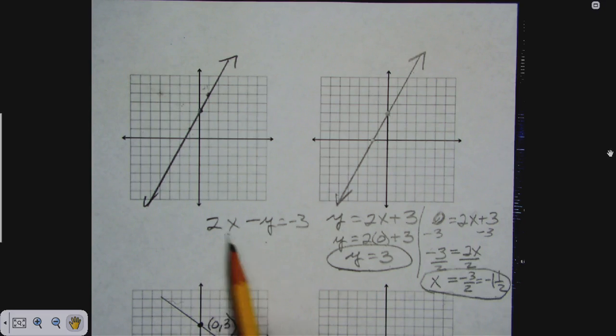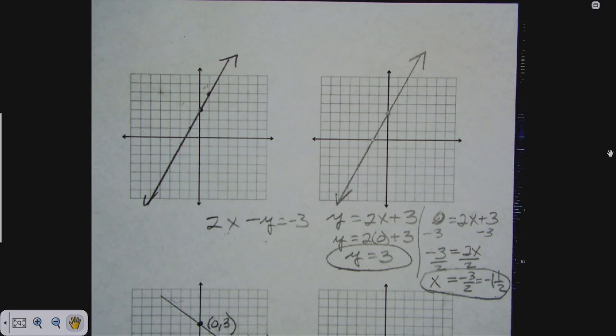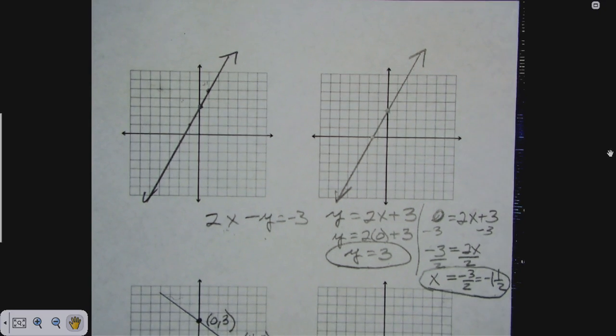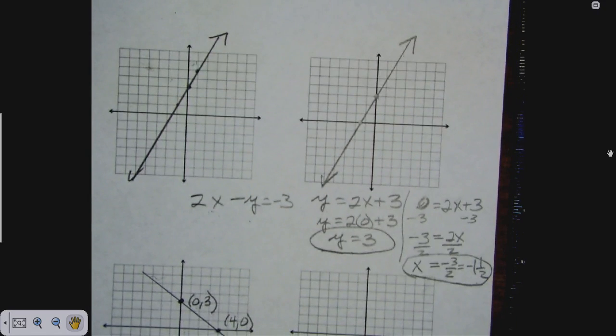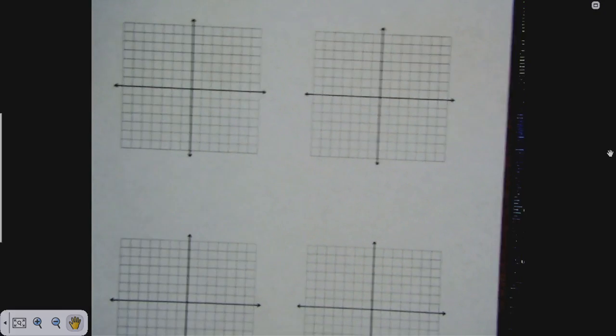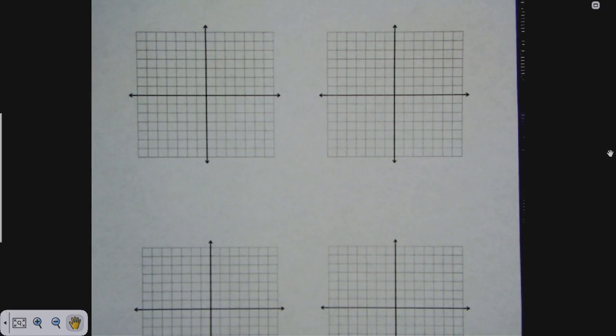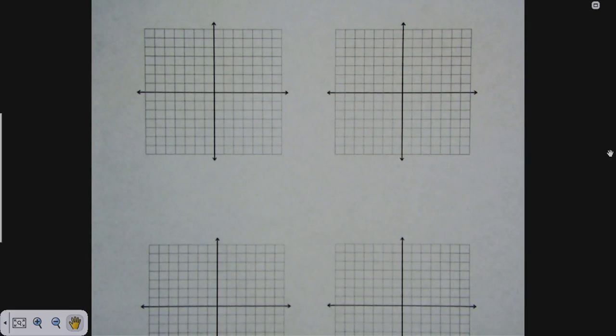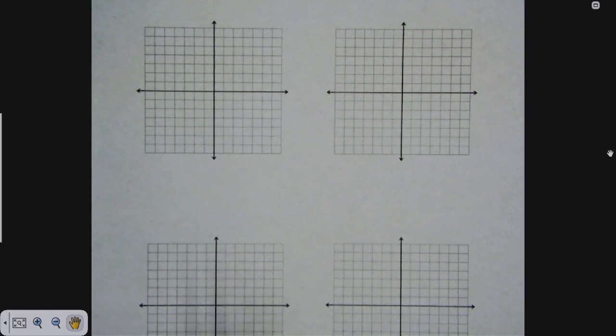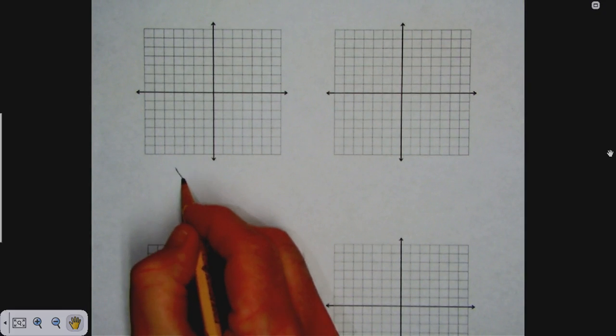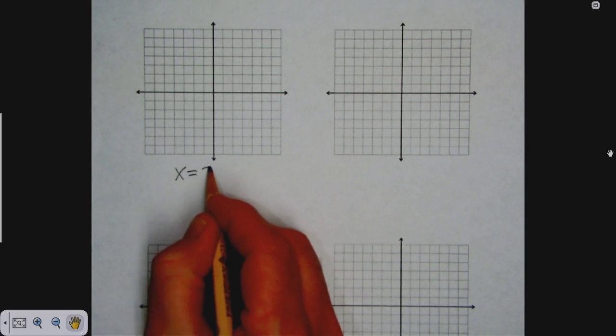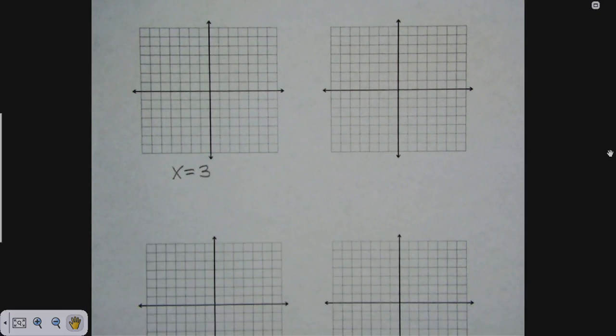Okay? Now, there's just one more thing I want to talk about, and that is where we have an equation like x is equal to 3, and that's it.